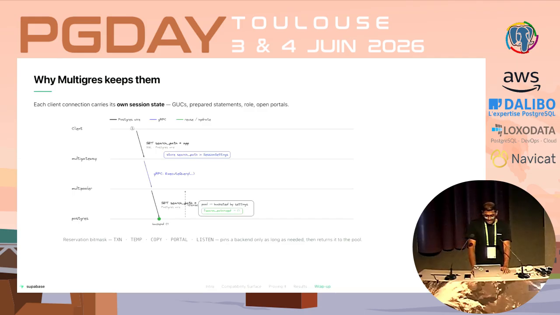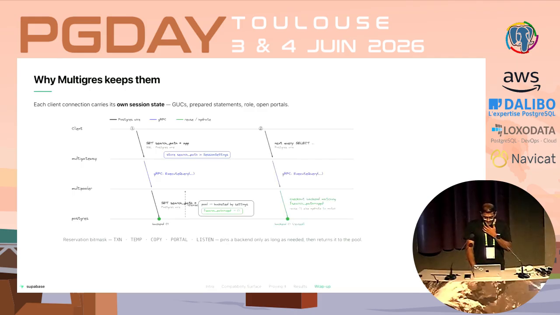Its GUCs, its prepared statements, its current role, its open portals, etc. That state is first class and it travels with the connection. And when a query needs a backend, the pool doesn't just grab any free connection. It routes the checkout to a backend that matches that session state, bucketing connections by their settings.